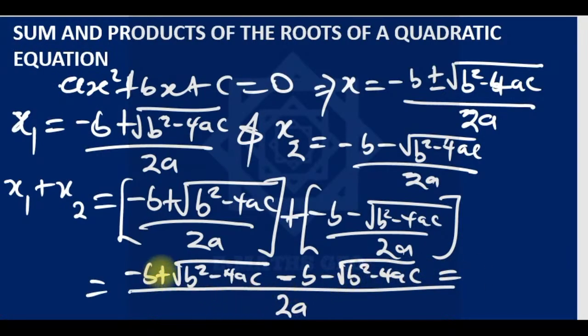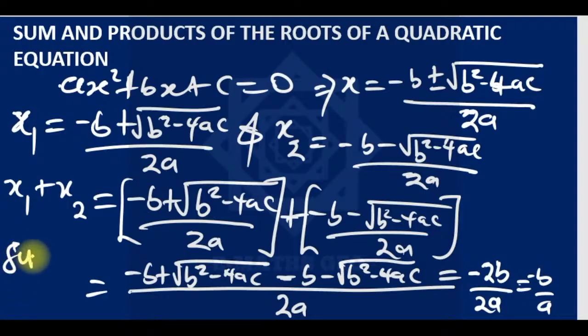As you can see, this and this is gone. This minus this is 0. So we are left with minus 2b over 2a, so minus b over a. So if you are given the equation, you can find the sum. This is now the sum of the roots. It's always minus b over a, that's minus the coefficient of x over the coefficient of x squared.